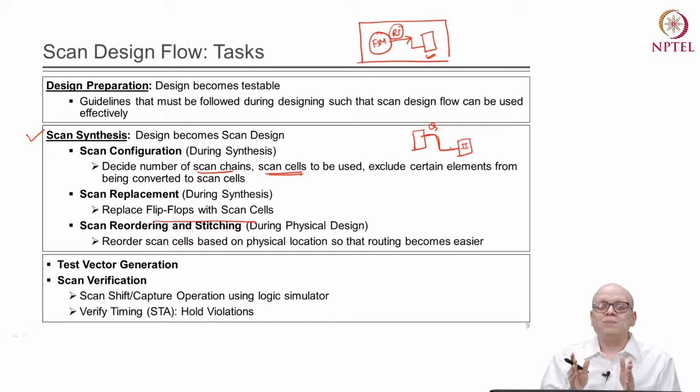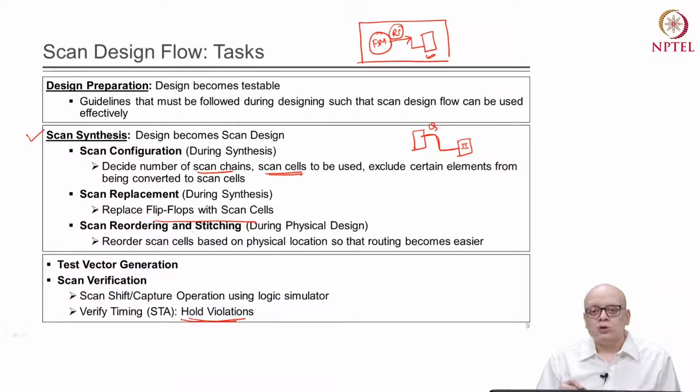And if the data path is very small, then we have studied in STA that there can be hold violation, right. So, we have to verify timing and be careful of the hold violation. These types of hold violation checks are typically done after we have done, say, clock tree insertion, because once we get the clock tree, then we have a fair idea of hold violations, right.